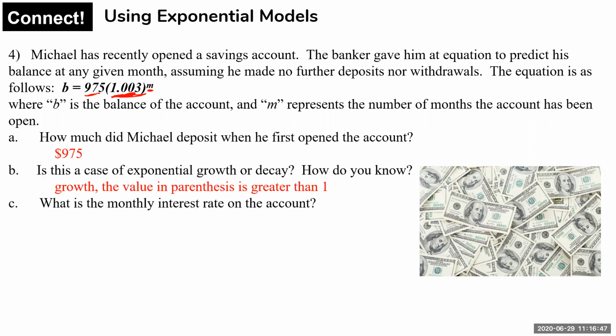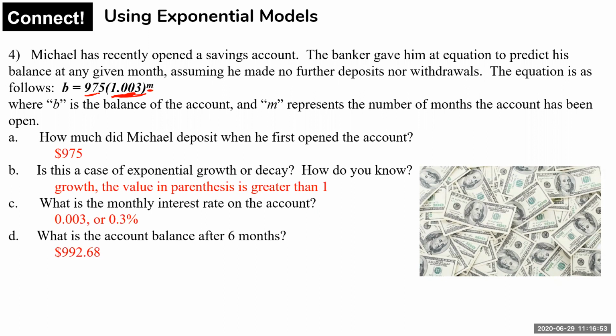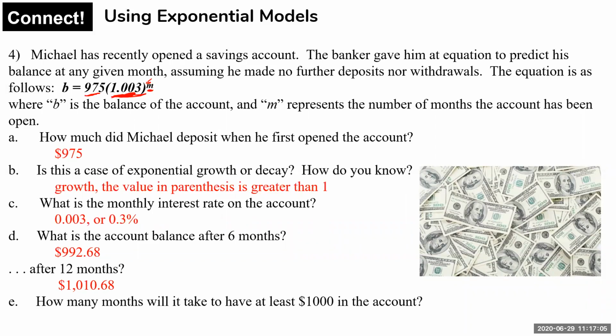That is growth, right? And what is the monthly interest? And what is the account balance after 6 months? After 6 months, you plug in 6 right there to find the value after 6 months. And after 12 months, you plug in 12. And that is as simple as that.